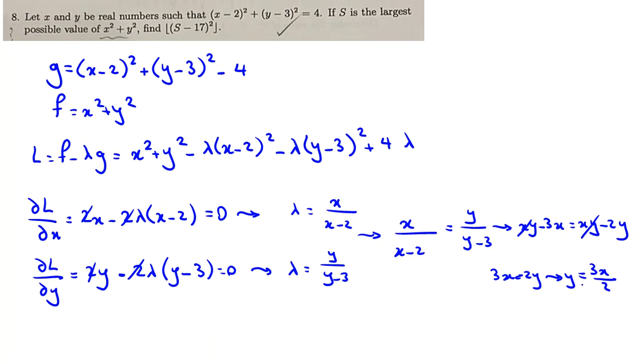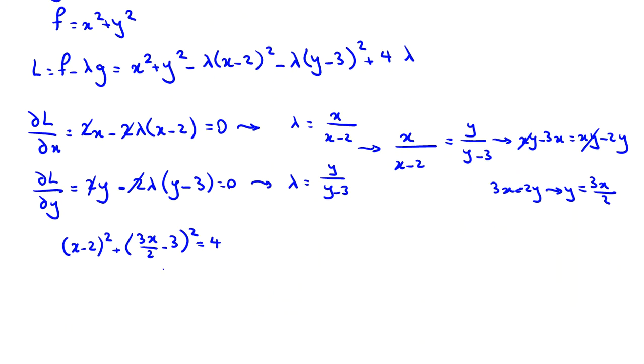Now if I replace y with 3x over 2 in the main equation, then I have (x minus 2) squared plus (3x over 2 minus 3) squared equal to 4. If you use a common denominator, the second term is (3 over 2) squared times (x minus 2) squared. Taking it outside, it will be 9 over 4.